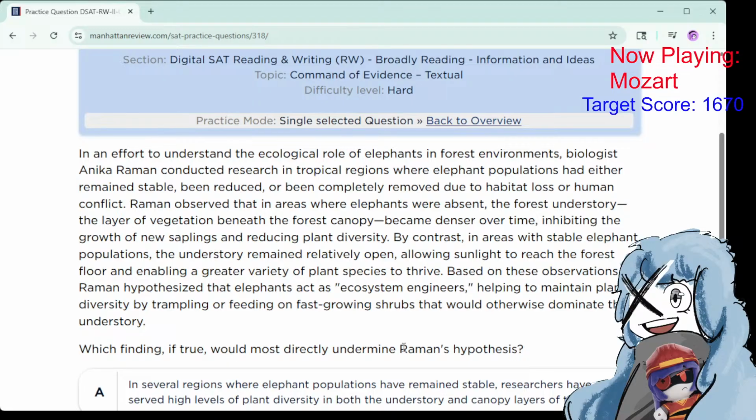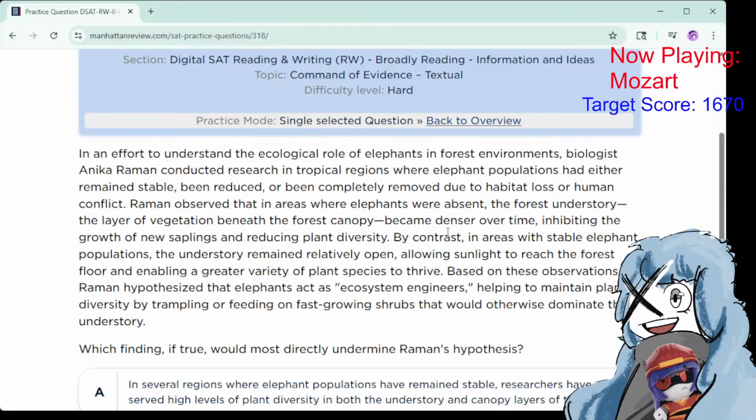In contrast, in areas with stable elephant populations, the understory remained relatively open, allowing sunlight to reach the forest floor and enabling a greater variety of plant species to thrive. Based on these observations, Raymond hypothesized that elephants act as ecosystem engineers, helping to maintain plant diversity by trampling or feeding on fast-growing shrubs that would otherwise dominate the understory.